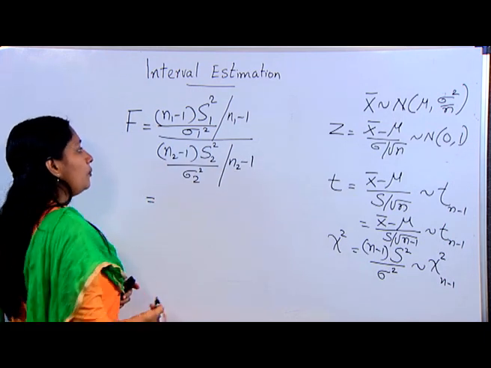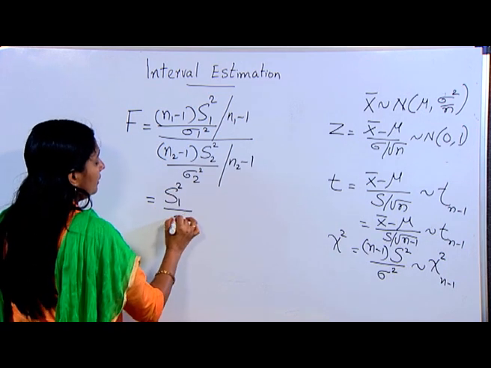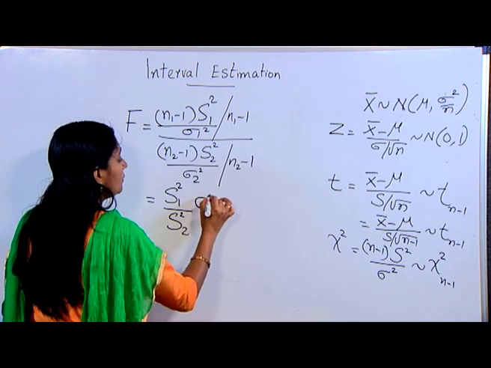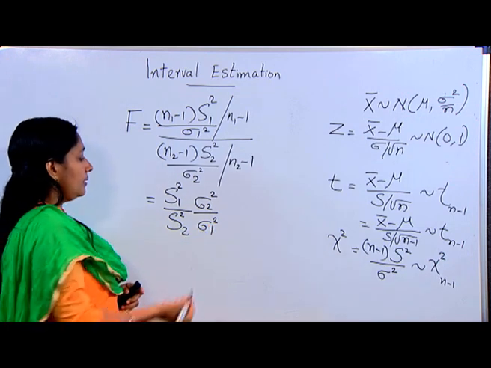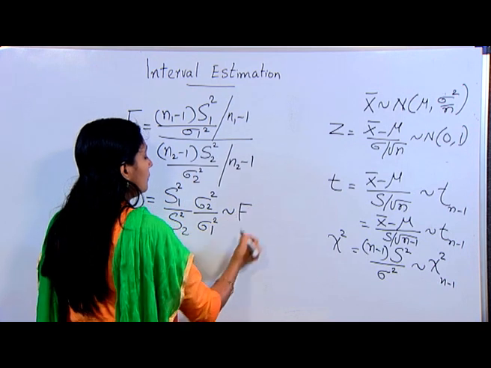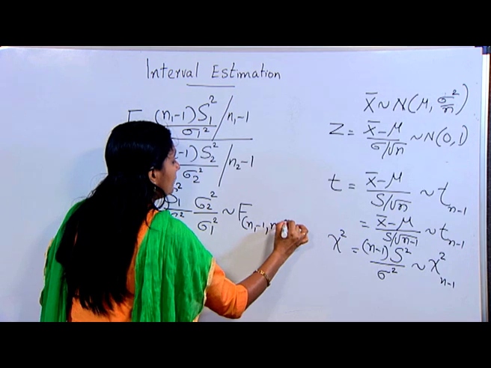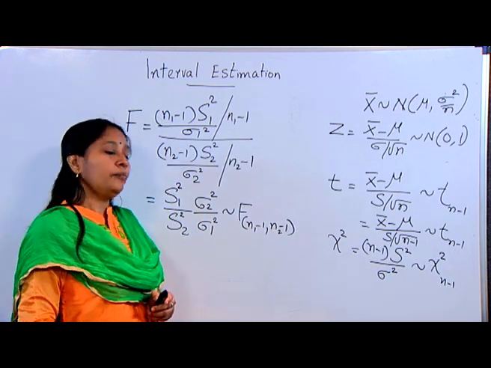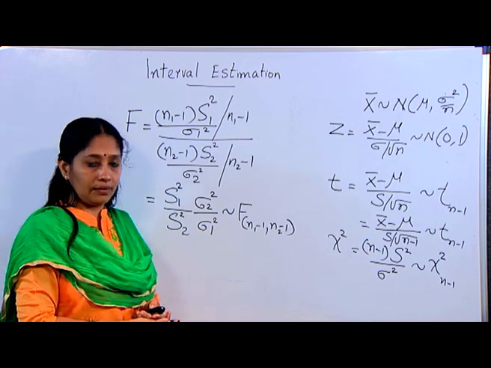This can be simplified as S1 square by S2 square into sigma 2 square divided by sigma 1 square. This statistic follows F distribution with n1 minus 1, n2 minus 1 degrees of freedom if the population parameters mu 1 and mu 2 are unknowns.